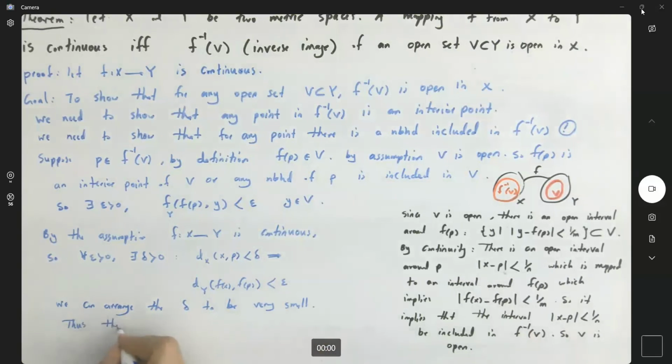That's the interval, which in this case is going to be a neighborhood, the open neighborhood around P, included in the inverse image of V. So the inverse image of V is an open set.